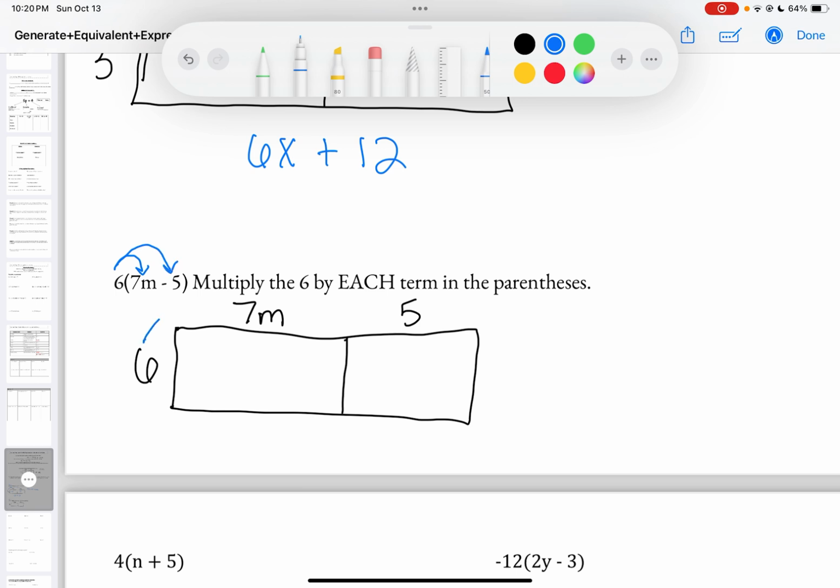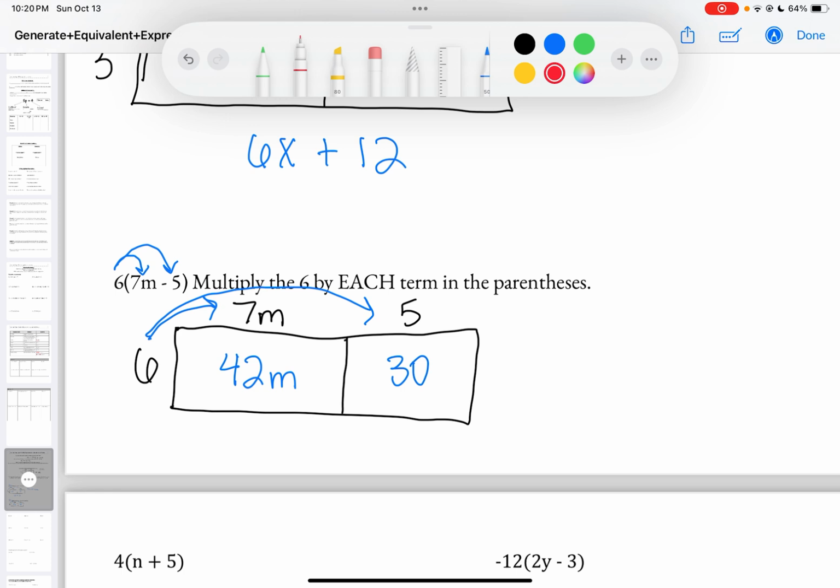So 6 times 7m, I'm going to multiply those two numbers like normal and keep the variable. 6 times 7 is 42, and I'm going to add the m, just like normal. And then same thing for my 5. 6 times 5 is 30.